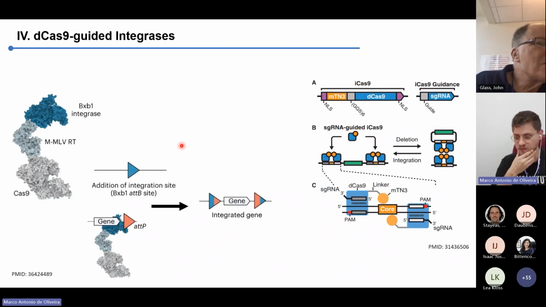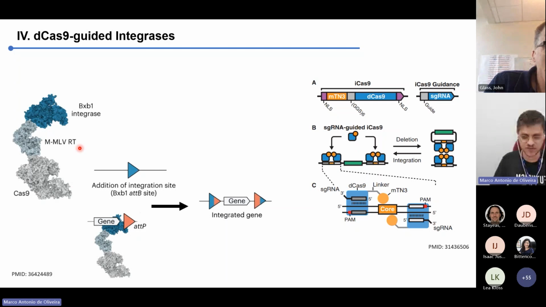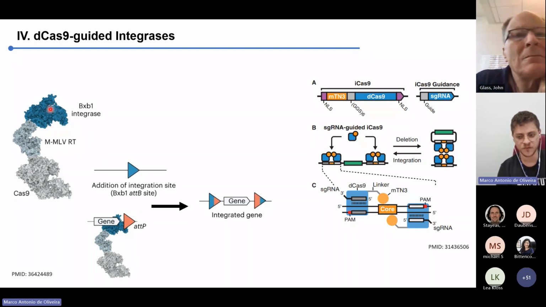And another thing that we plan on doing, but that's not in the near future because it's quite more complex, is to use chimeric proteins in which you're going to have the Cas9 and the catalytic region of one integrase fused together.